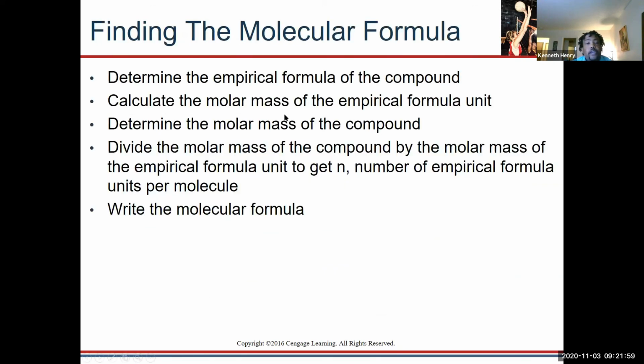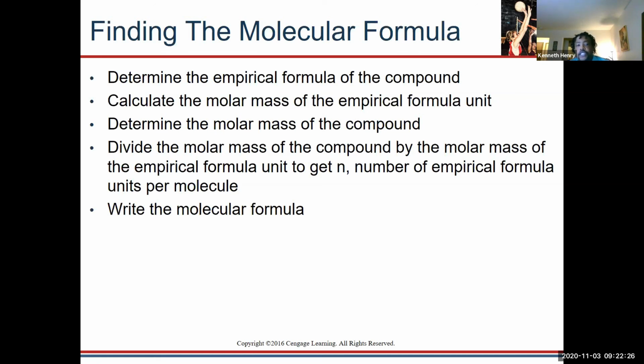If we're trying to determine the molecular formula from the empirical formula, we will need the molar mass of the molecular formula. If we have the molar mass of the molecular formula, we're just going to divide that by the molar mass of the empirical formula.